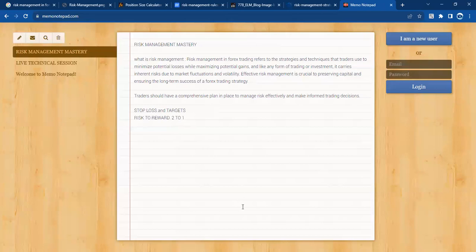So if you have about a 40 pips stop loss, your take profit should be about 80 pips. If your stop loss is about 30 pips, your take profit should be no less than 60 pips, which means you need trades that give you this 2 to 1.